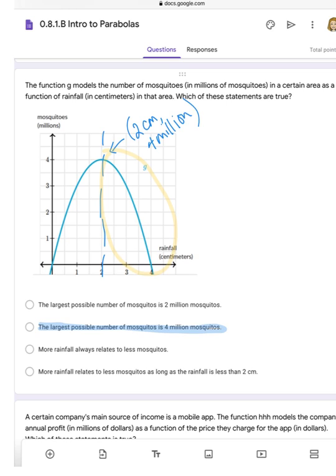And then the last choice, more rainfall relates to less mosquitoes as long as the rainfall is less than 2 centimeters. Now, that's not going to be true either, because when we look at this side of the graph, as we approach 2, we're getting more mosquitoes. So we just have one choice there.